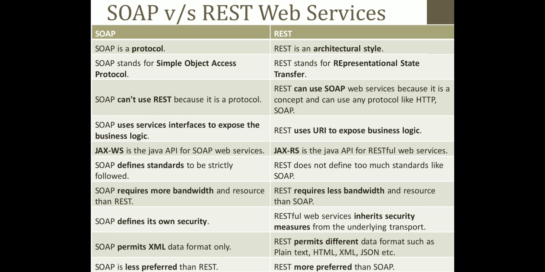SOAP is the acronym for Simple Object Access Protocol, whereas REST stands for Representational State Transfer. SOAP cannot use REST because it is a protocol, but REST can use SOAP as it is a concept, and it can use any protocols like HTTP or SOAP, because it is an architectural style. You can combine it with a number of styles or protocols.